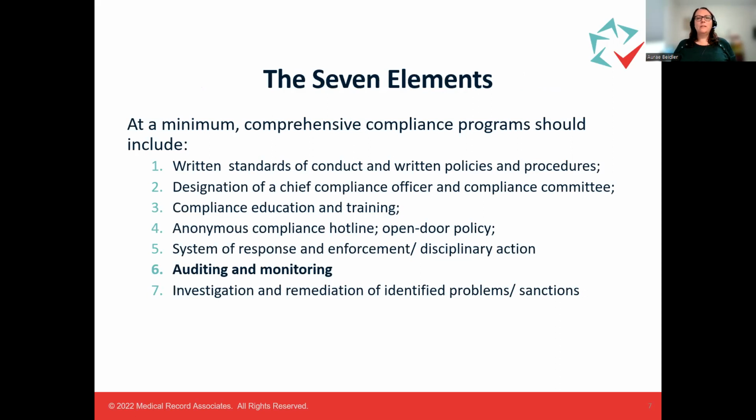Getting back to auditing and monitoring, if you don't have written procedures, policies, and statements about what your organization does and how your employees should act, you're not going to have a good framework or understanding of your processes and controls in place, and it would be difficult to audit and monitor if there are no standards. So have a code of conduct and policies in written form, accessible to your employees as well.